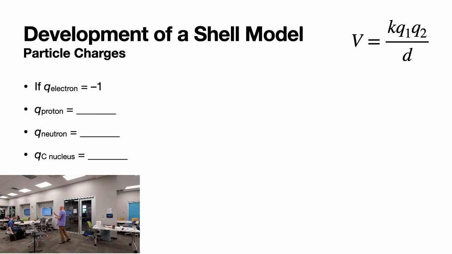So the number of protons that you see on the periodic table, that atomic number, is going to tell you the charge of the nucleus. It doesn't matter how many neutrons, because neutrons have what charge? 0. Questions?